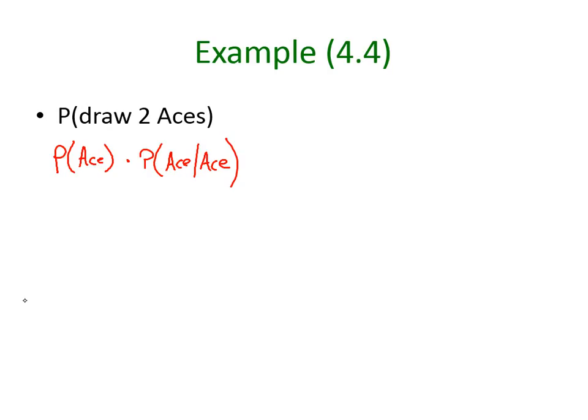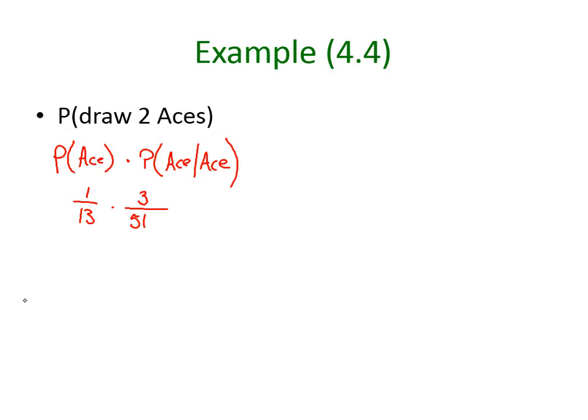What's the probability that I get the ace the first time? Okay, 4 out of 52, which is your 1 out of 13. What's the probability that the second card's an ace, given that I'm holding an ace in my hand? First of all, how many aces are there left? How many cards are left? Okay.